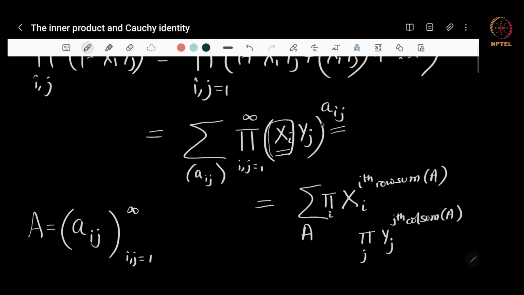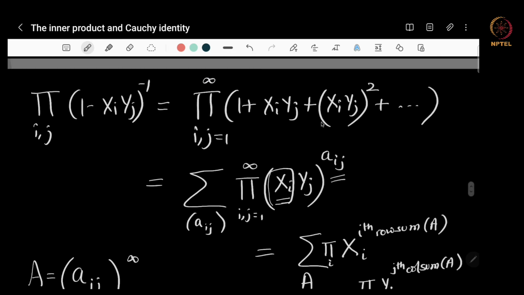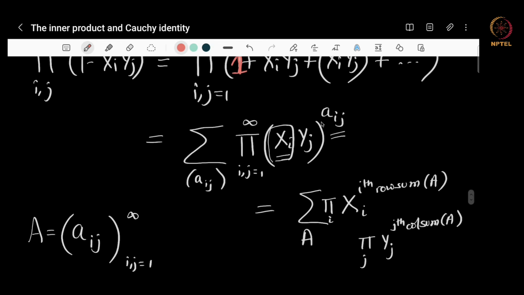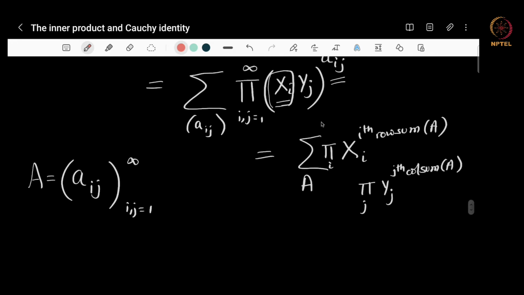Okay, so by the way, this matrix that I am talking about here only has finitely many non-zero entries. When I do this sort of infinite product, what it means is that from almost all terms, I have to pick the one. It's only from finitely many terms am I allowed to pick things other than one. Only then the product actually makes sense. So this is the sort of term that you get.